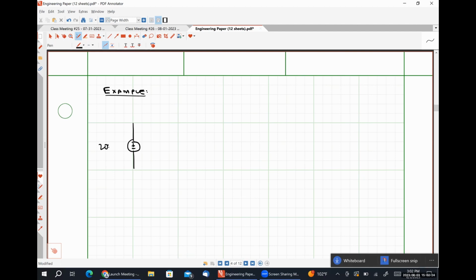Let's make this 208 angle 0 degrees volts RMS, and let's do it at 60 hertz yet again. This voltage source is going to supply two loads connected in parallel. Our first load, which I'm drawing as this big box here, draws, let's make it, 10 kilowatts at a power factor of 0.8 lagging.